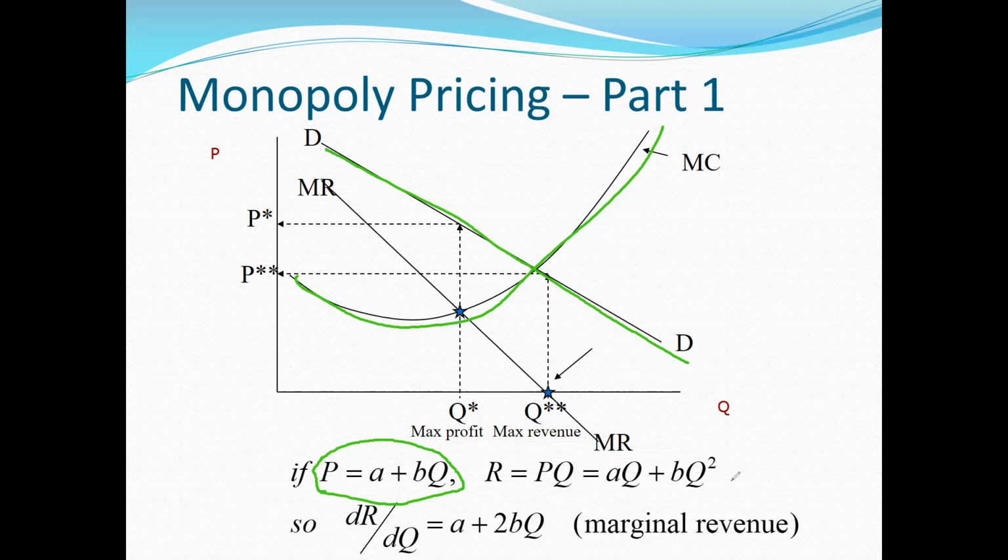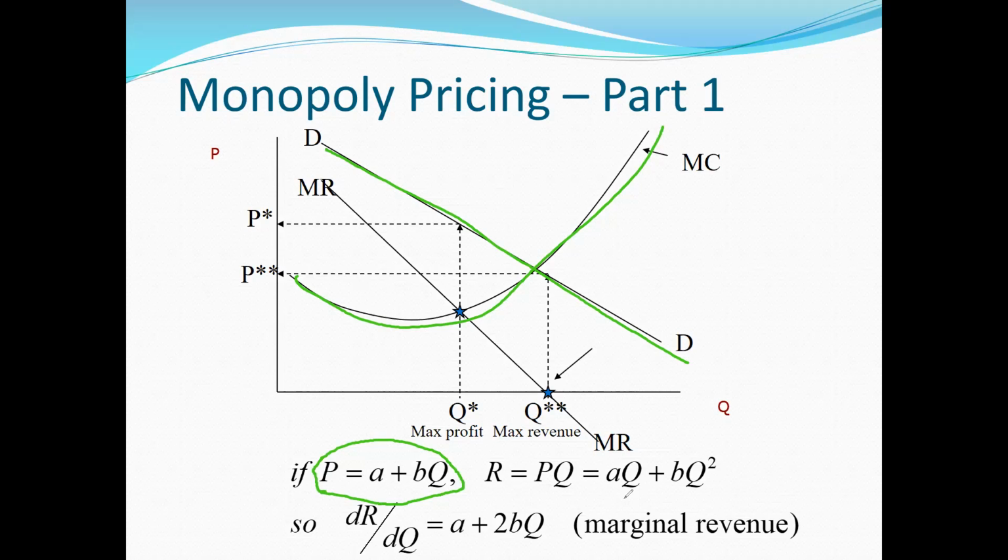Okay. And then if I want to derive the marginal revenues, I take the derivative of the revenue function. So I get dR over dQ.